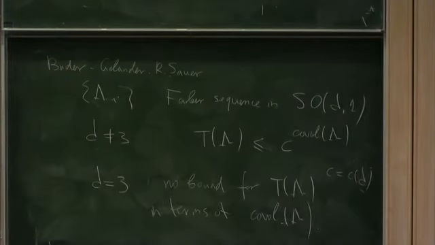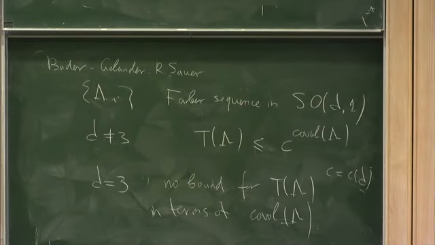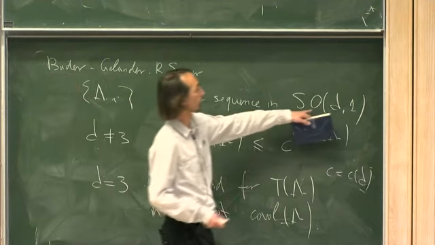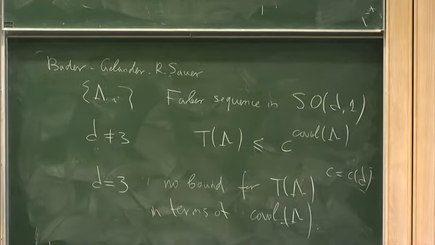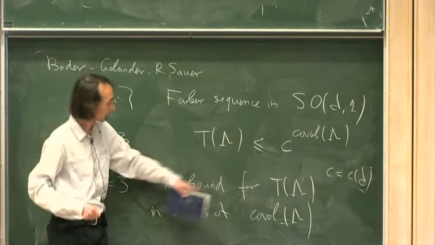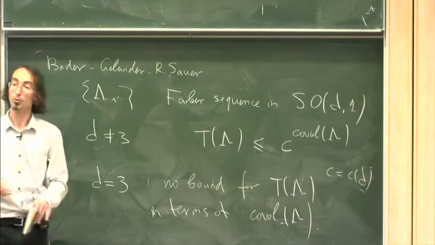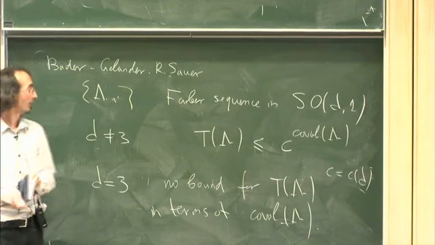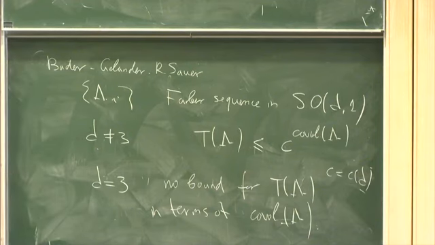So for any function that you choose, you can find a Farber sequence of lattices in SO(3,1) which breaks this function. The torsion grows faster than that function in the co-volume. I find this very surprising. Yes, well, that's what I want to say.